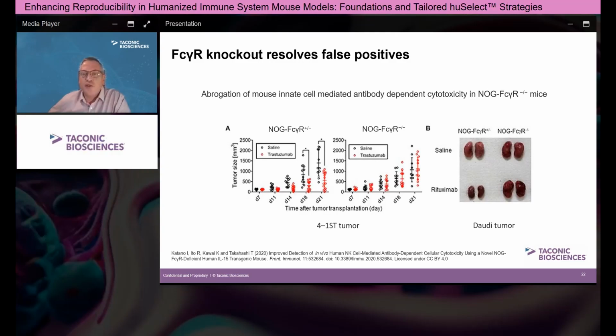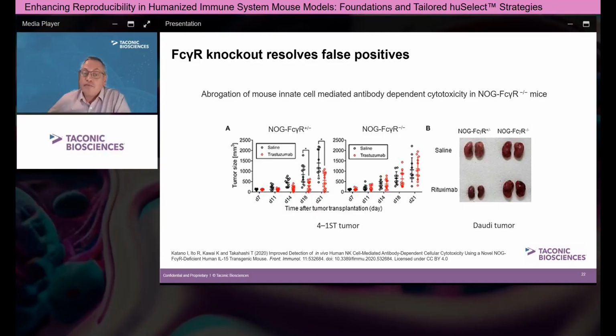So I want to show you just a few examples. Again, this is data from CIEM. On the left is a heterozygous animal expressing Fc gamma receptors, whereas on the right, in the graph, is a knockout for the Fc gamma receptors. And this is an example of getting rid of a false positive.